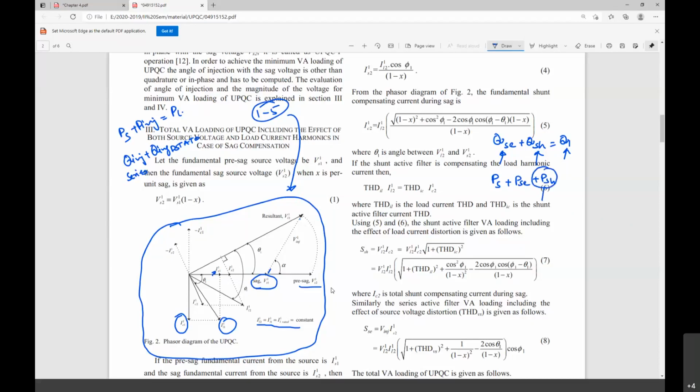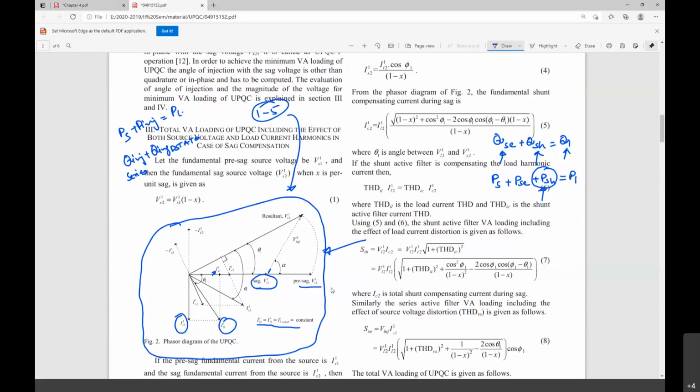There might be or might not be, because as per the requirement, the shunt active power filter or the DStatCom should not inject real power. Looking into this phasor diagram, we need to understand whether the shunt compensator is injecting real power or not. This should be equal to the PL load.